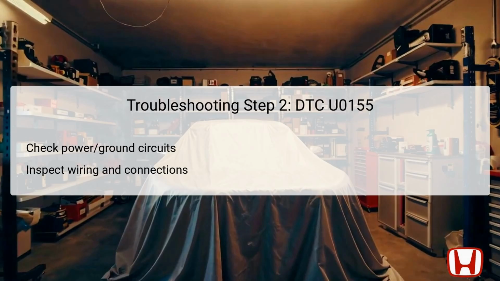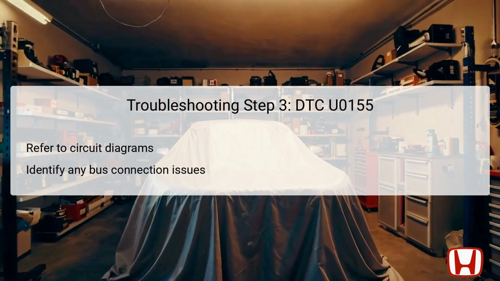Additionally, testing the voltage and ground signals can help to determine if the fault lies within the circuit. A multimeter can be invaluable at this stage to measure voltage and ensure it meets specified parameters. Solid connections and functioning circuits are foundational for effective communication between the PCM and GCM.